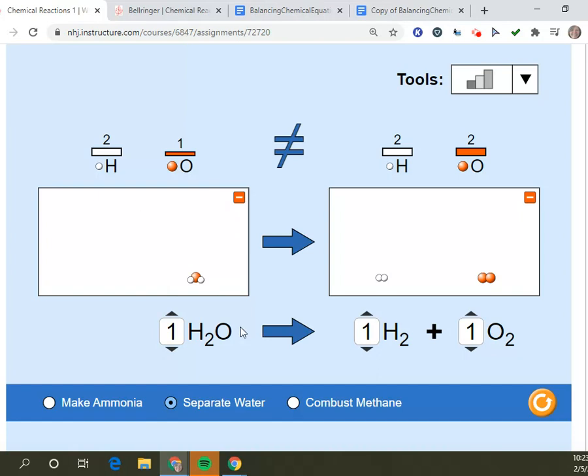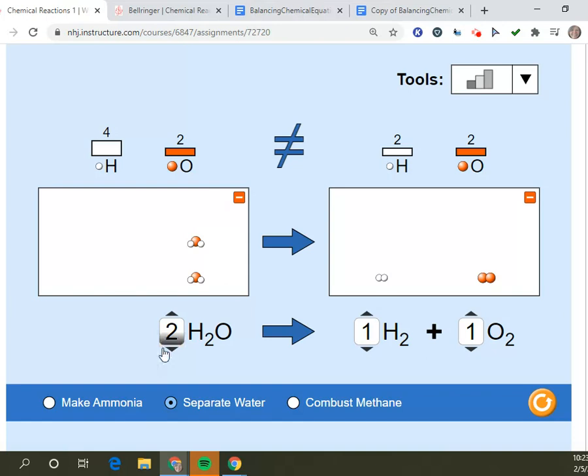But what is the first thing you notice when you're trying to balance this one? It's really easy to look at it and see, well, there's 2 red spheres in the product side and only 1 red sphere in the reactant side. So I need to make 2. Now, you're not always going to have this picture though.